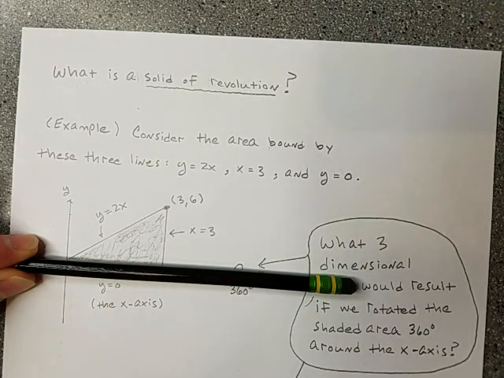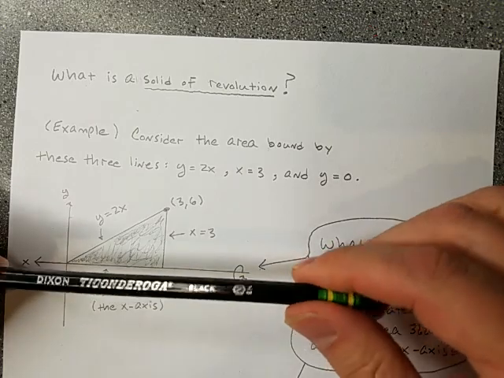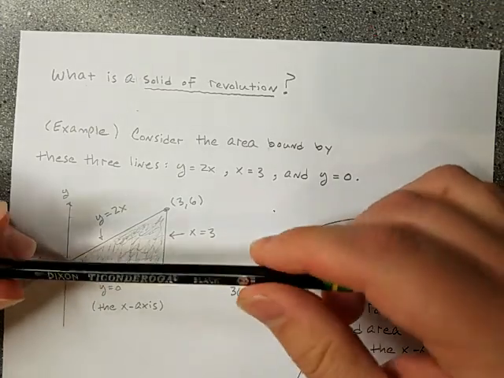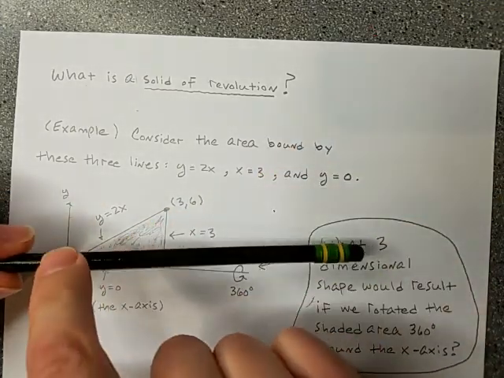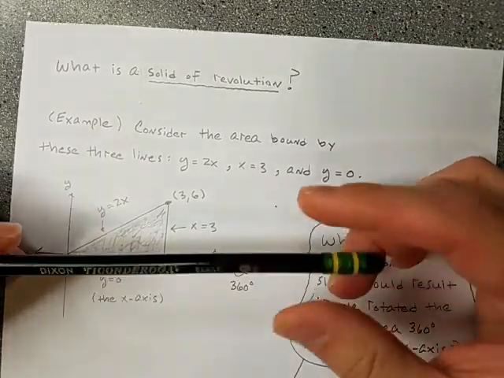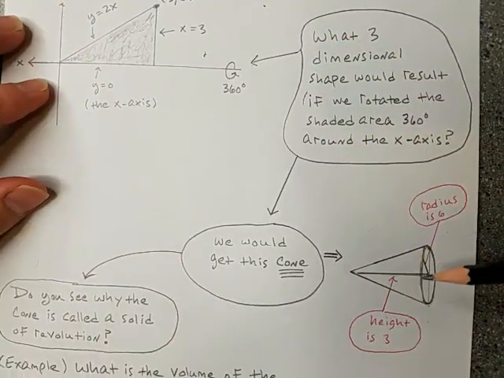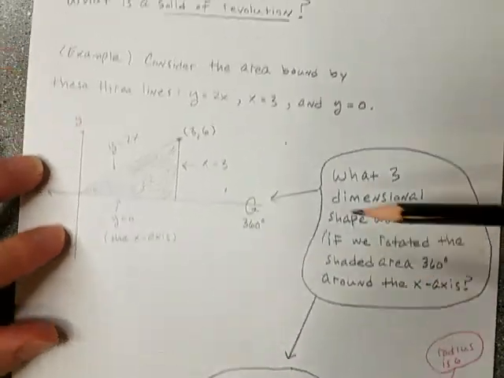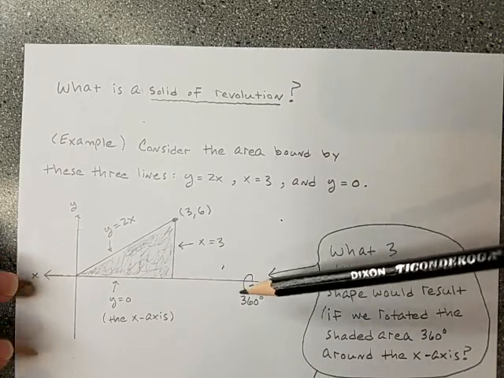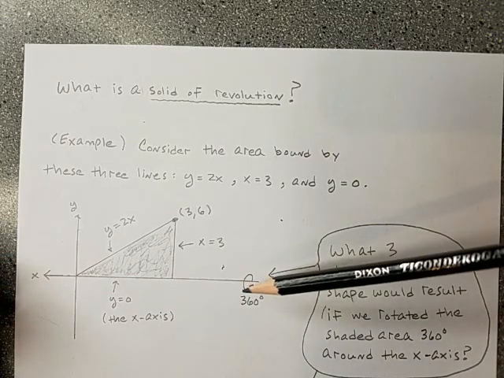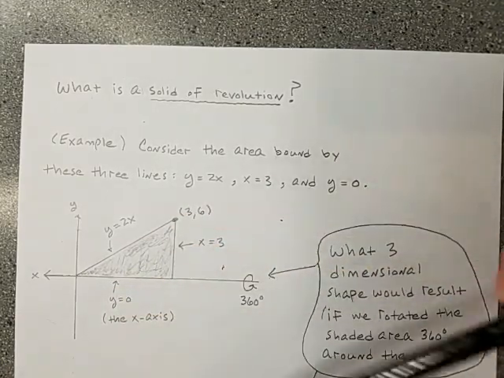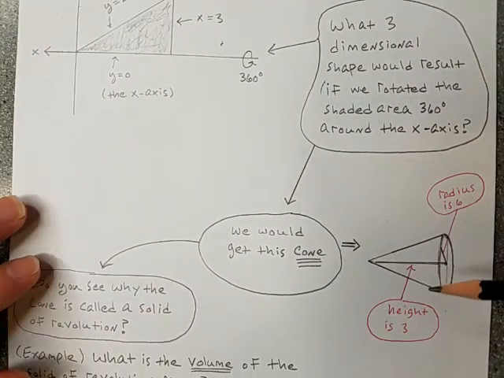And imagine that I could spin the pencil around so fast, which I can't do, that it would create just a blur. What would that blur look like? It would look like a cone, all right? If I take this flat triangular region, rotate it 360 degrees around the x-axis so fast that it just creates this blur, this illusion of a three-dimensional object, that object would be a cone.